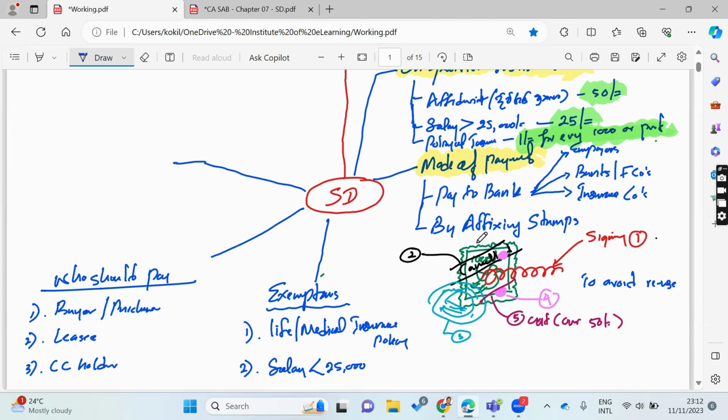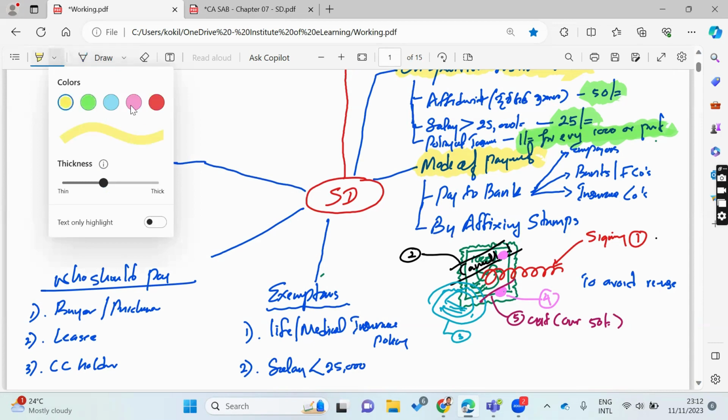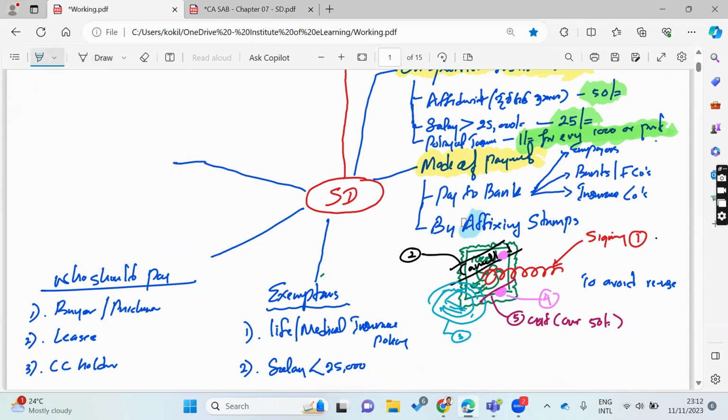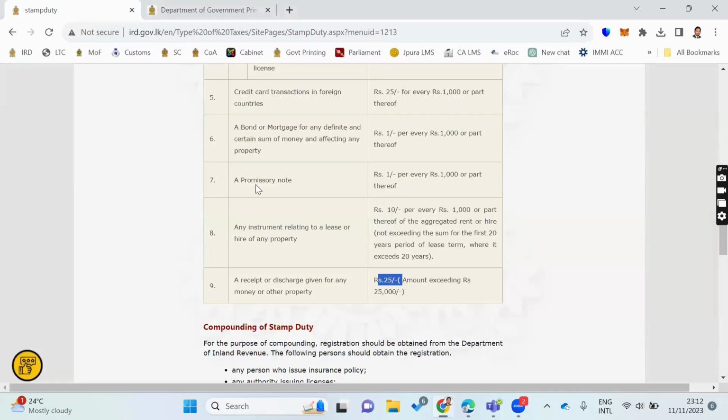Other than by way of affixing stamps, where we pay and close it ourselves, most stamp duties are compounded here.